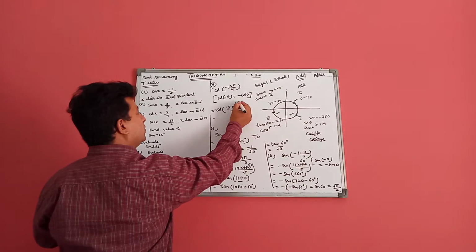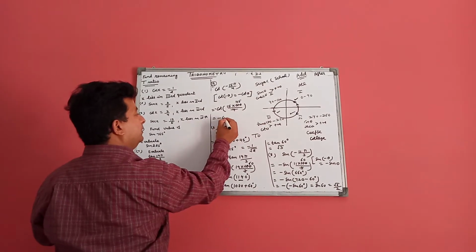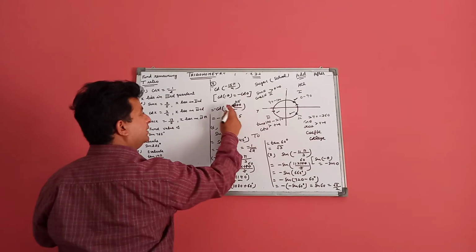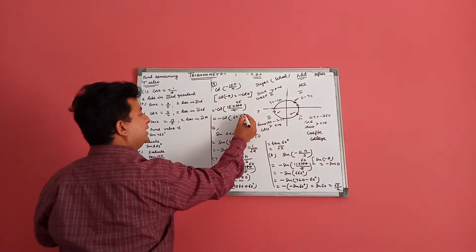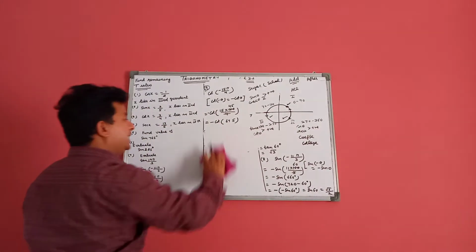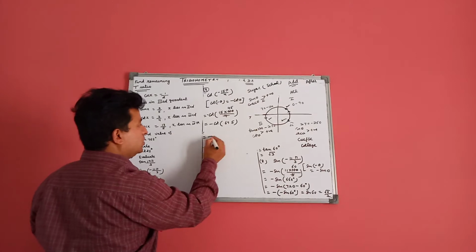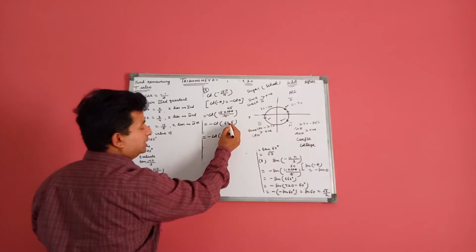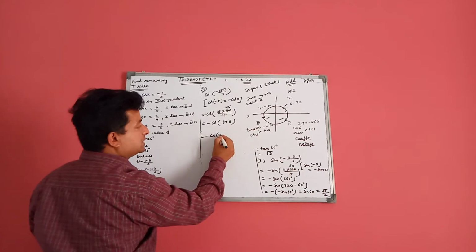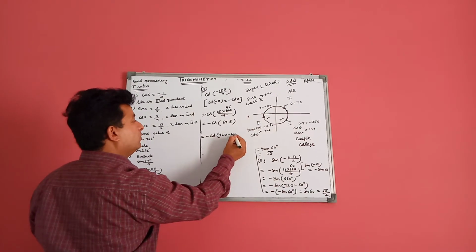This cancels out. Multiply 15 by 45, that is 675. We write 675 as minus of cot. This becomes 675, and 675 becomes 720 minus 45.